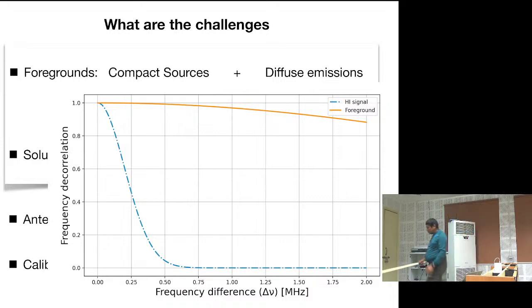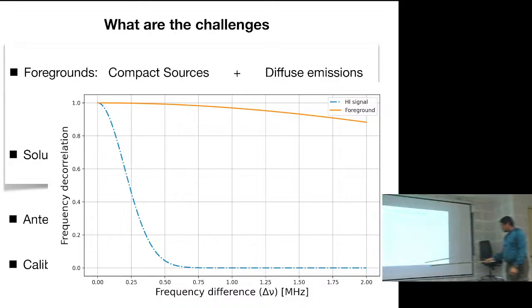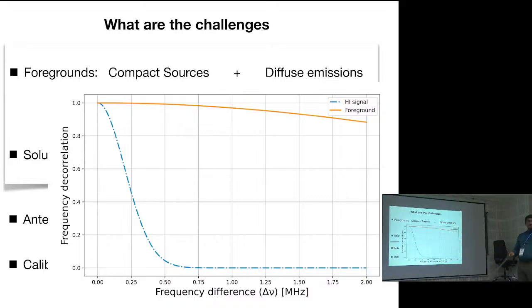That is what I plot on the x-axis. And on the y-axis I plot the frequency decorrelation, that is, the visibility correlated at two different frequencies. Now, if that visibility is the 21 centimeter signal, then it goes down very sharply, almost to 0 within 0.5 to 1 megahertz.